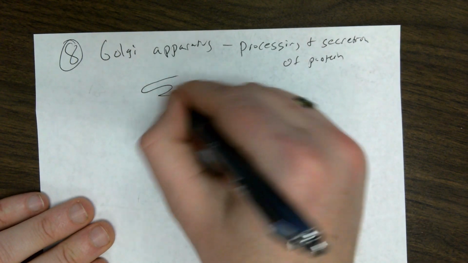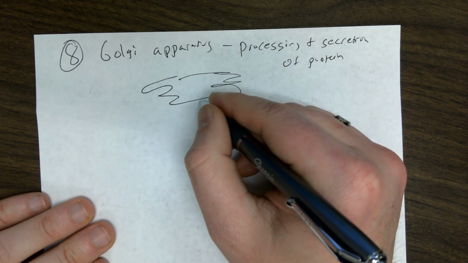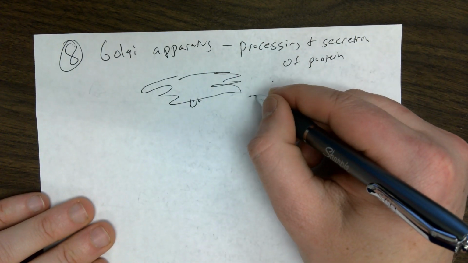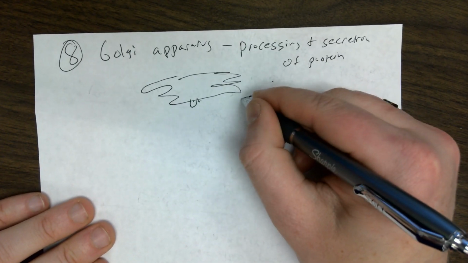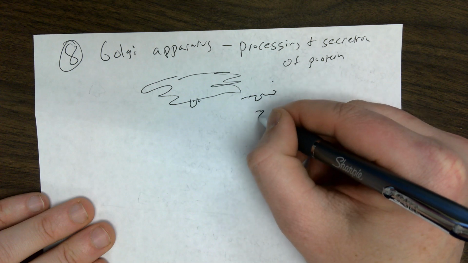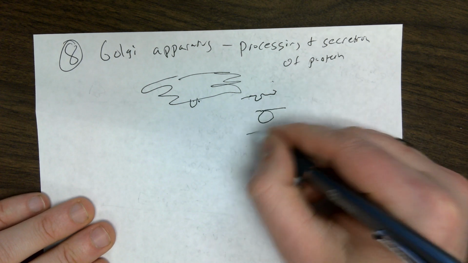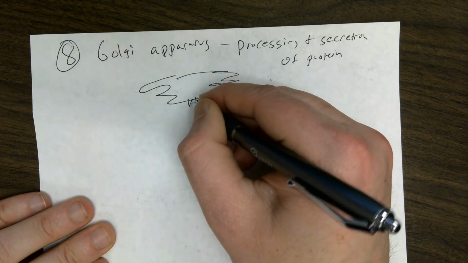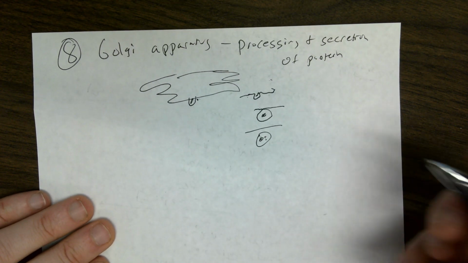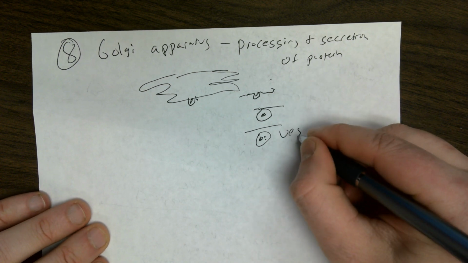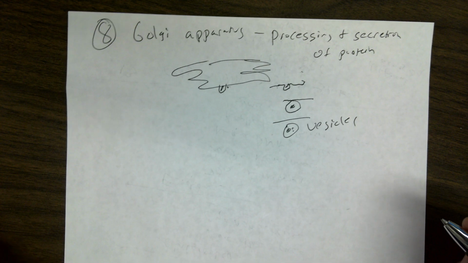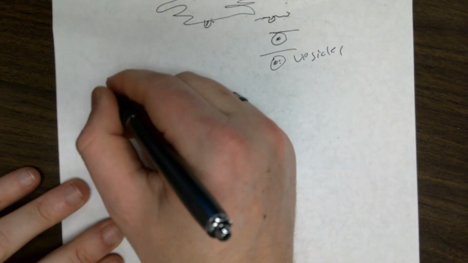So basically, it looks like this, and what it can do is it can bud off, like, it can go like this, and then it can go like this, and then it can go like, woo! And so inside of here would be your protein, and so then it creates vesicles, basically. So it creates vesicles filled with protein. Awesome. Good work, team.